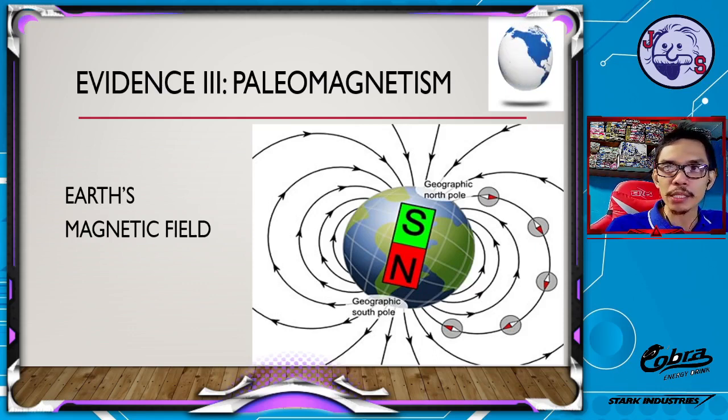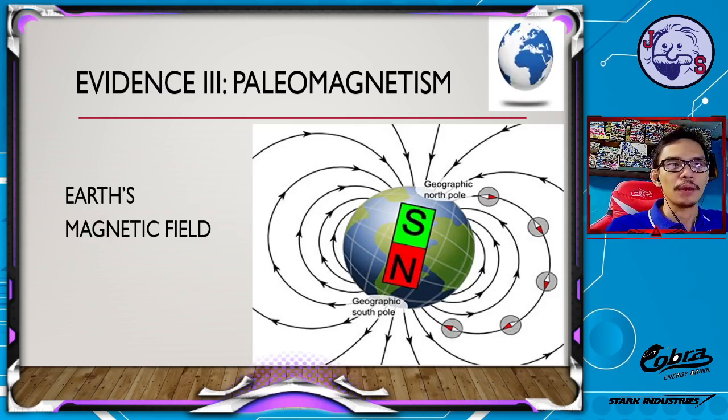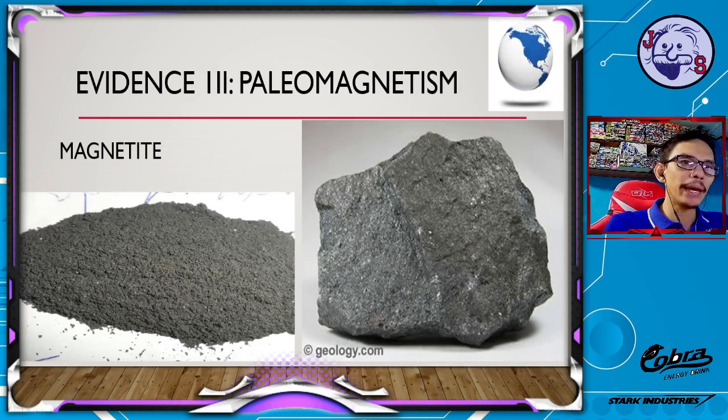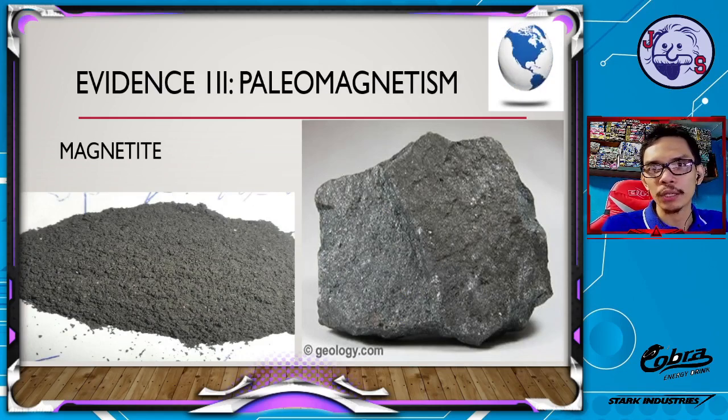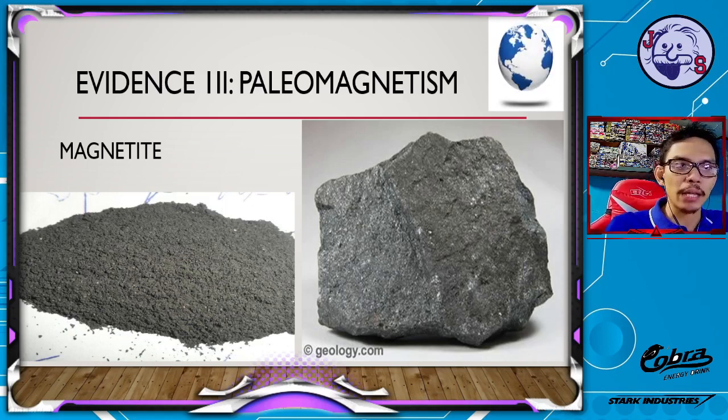Remember, moving charges create a magnetic field. And this magnetic field is very important. It protects us from harmful, deadly radiation from the sun. That is the Earth's magnetic field. On rocks, there is what they call magnetite, and as I said earlier, it is very sensitive to the Earth's magnetic field.